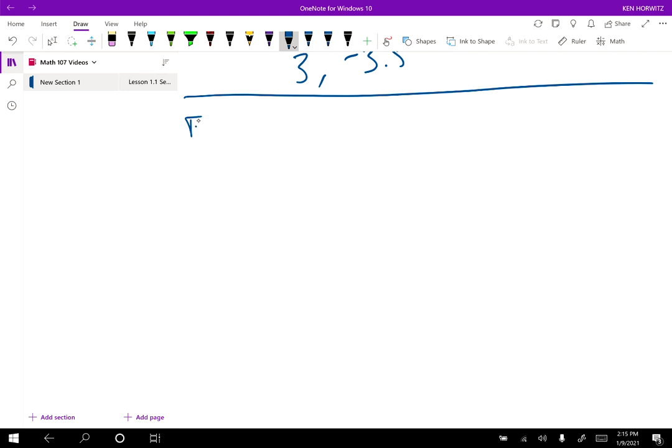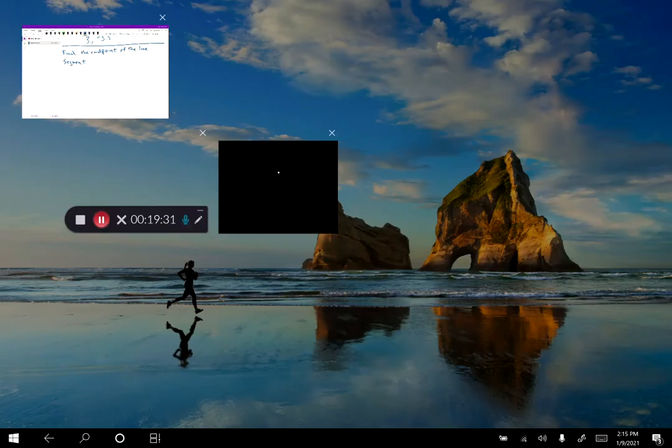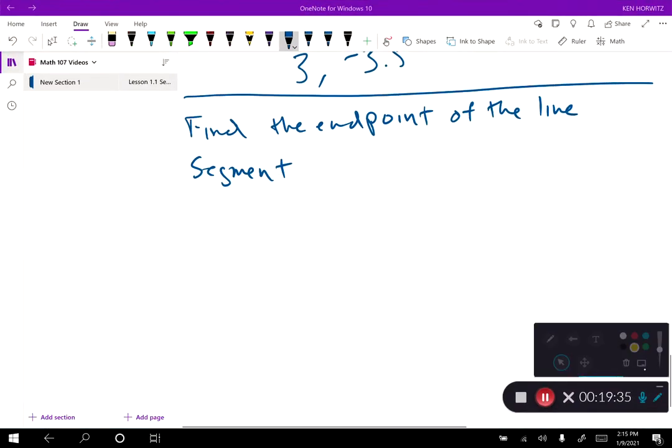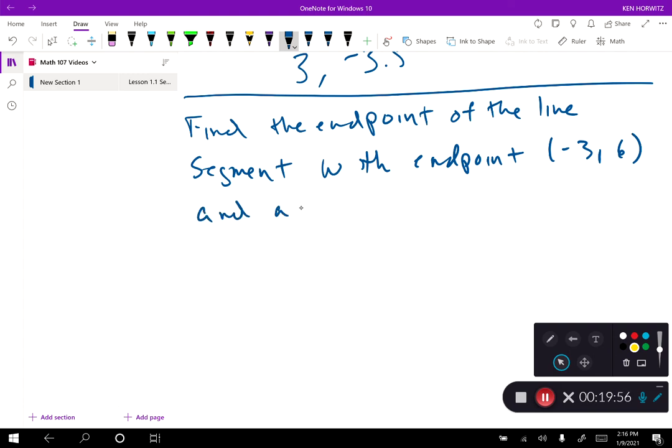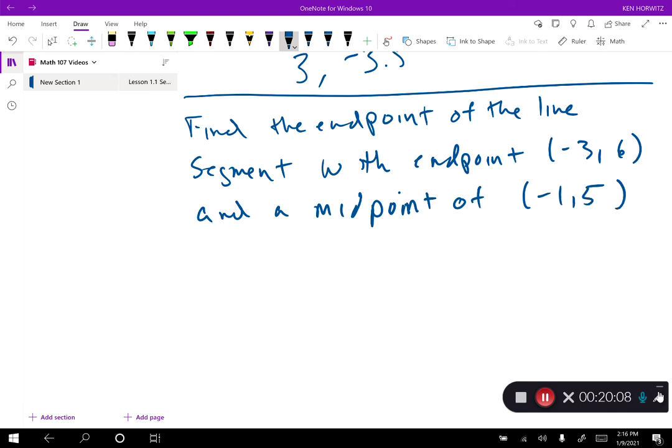I could say something like this: find the endpoint of the line segment with endpoint (-3, 6) and a midpoint of (-1, 5).